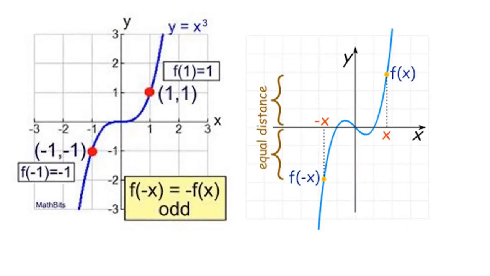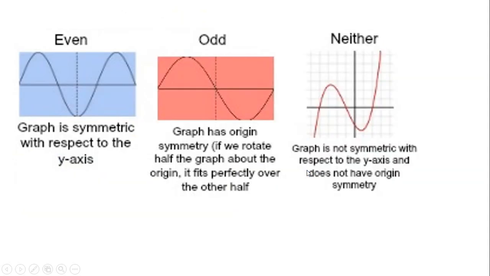Like we have the point 1, 1. In an odd function it changes to minus 1, minus 1. x and y both change the signs. Here you can also see the function at point x, but here the function is minus x, because x and y both change the sign.